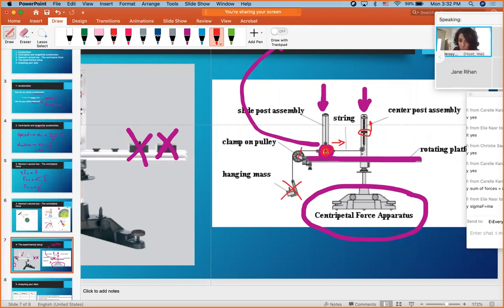Then you will remove the pulley just for your platform to be symmetrical, and you will start the rotation. With your hand, you're gonna kick the rotating platform to rotate clockwise or counterclockwise, it doesn't matter. What happens to your yellow system? It's gonna move outward due to the inertia.